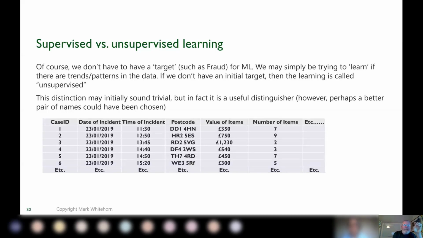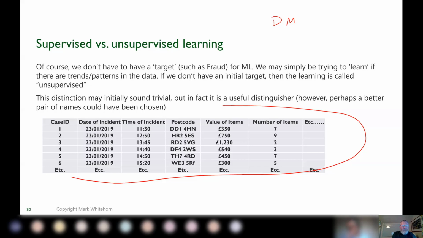And bear in mind, this is distinct from the difference between data mining and machine learning. With data mining, I said that you don't try and look at future cases and predict from them. Now, I might look at this data here. This has no target column. It might tell me that a lot of incidents occur in Scotland in the morning with male clients.